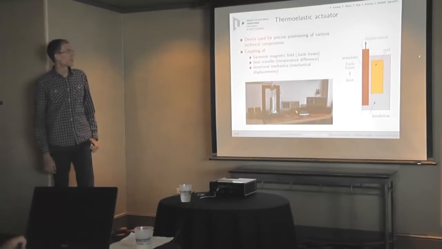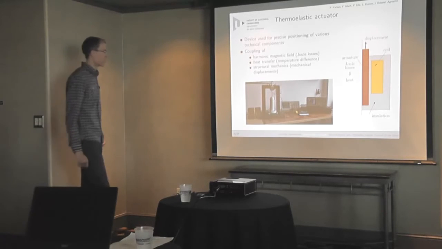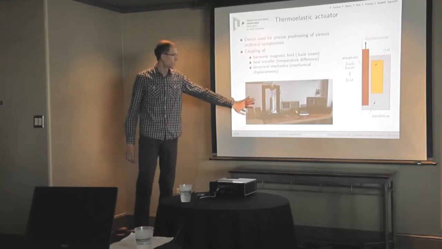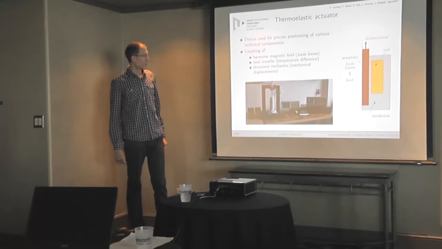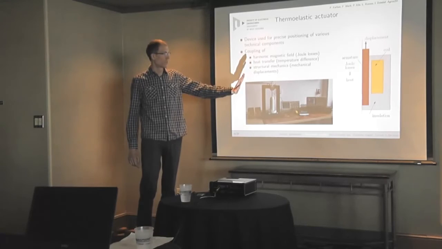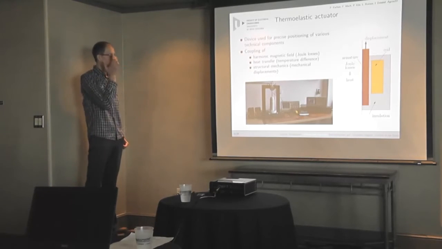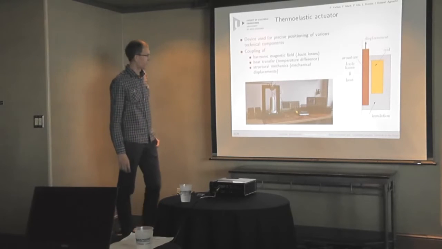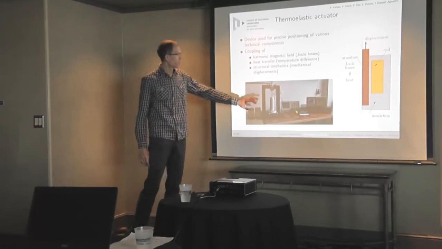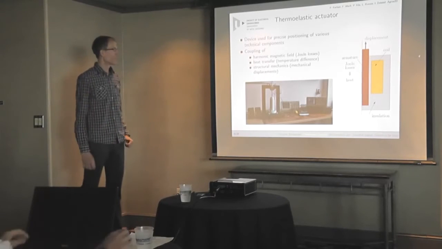It's the thermoelastic actuator. Here's the picture of the device that was built in our department, and there is the scheme of the device. This actuator is used for precise positioning of some sensors or something like that.